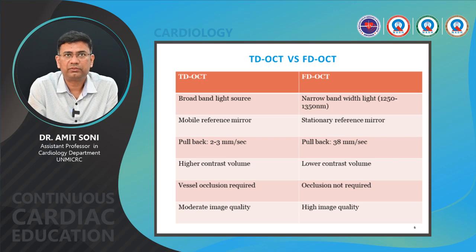A higher contrast volume is required for TD-OCT imaging, and a low contrast volume is required in FD-OCT imaging. Vessel occlusion is required in TD-OCT, while in frequency domain OCT occlusion is not required. Moderate imaging quality is given by TD-OCT, while we can get high imaging quality with the use of FD-OCT.